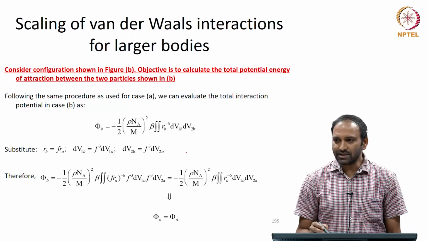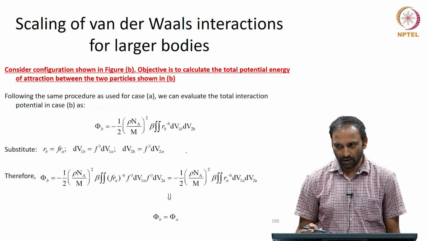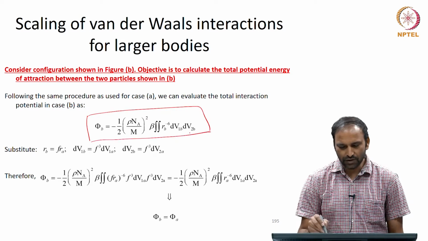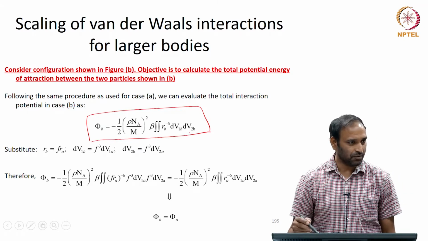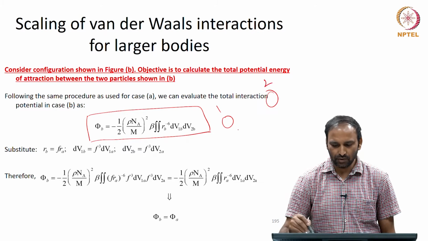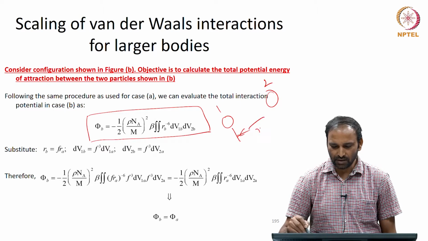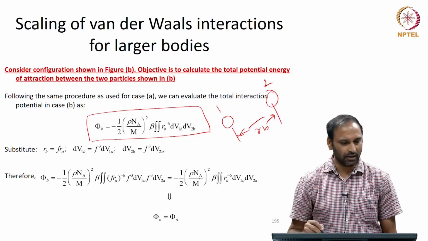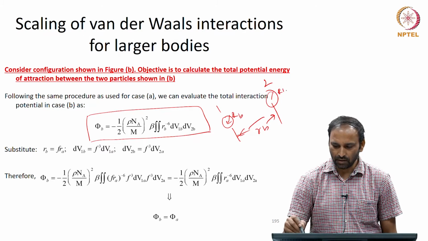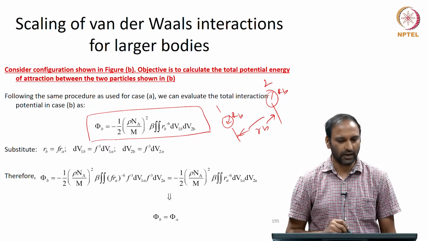Now I can do a similar exercise and calculate the Van der Waals force of interaction for case 2. For case 2 we had again sphere 1 and sphere 2, separated by a distance R_B, and of course their radius was also R_B.